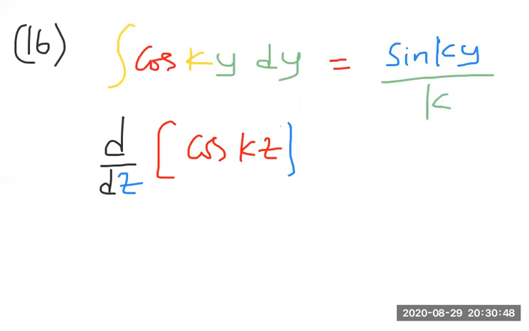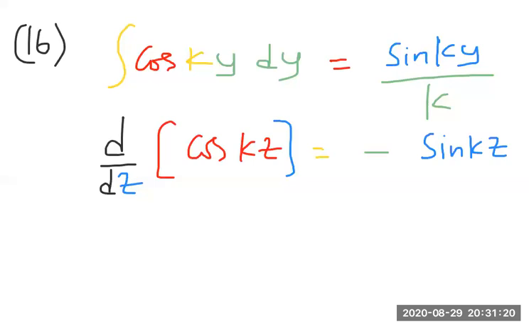This is differentiation, not integration, don't get confused. The previous one is integration, no doubt. Now I am doing differentiation. Cos kz, first of all, what is it? Differentiating cos kz gives minus sin kz.